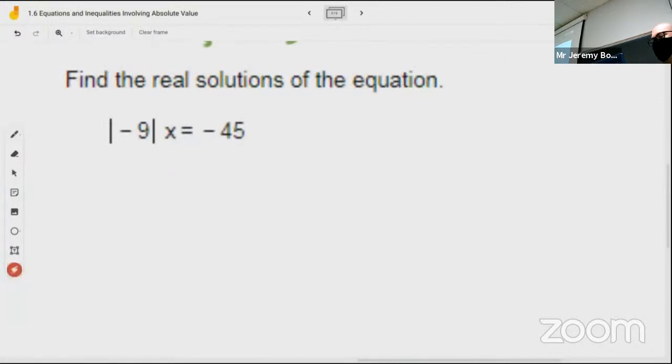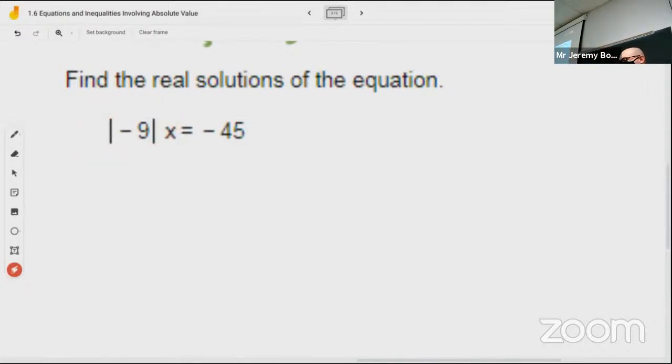So I look at this one and say, okay, the left-hand side got absolute value, right-hand side's got a negative. No solution, right? Why not? Anyone right now? Yeah, okay. So first off, the absolute value is just on the negative 9.